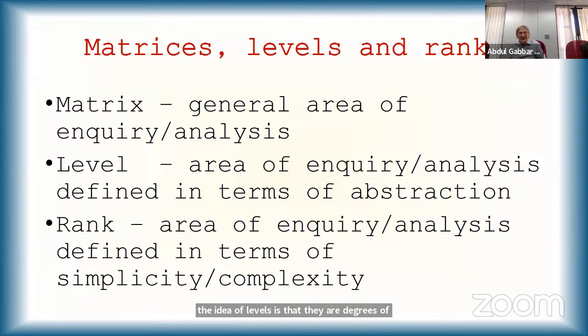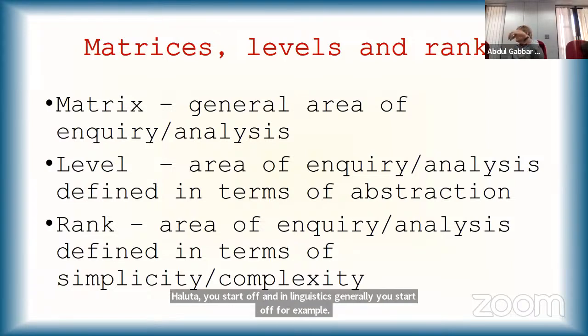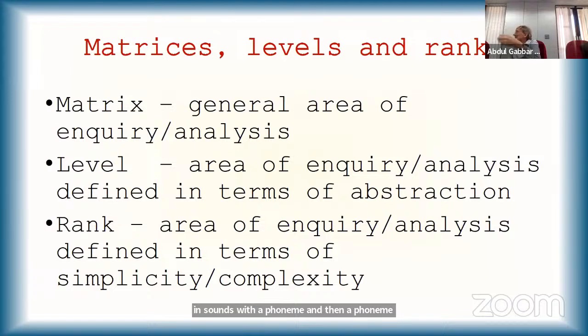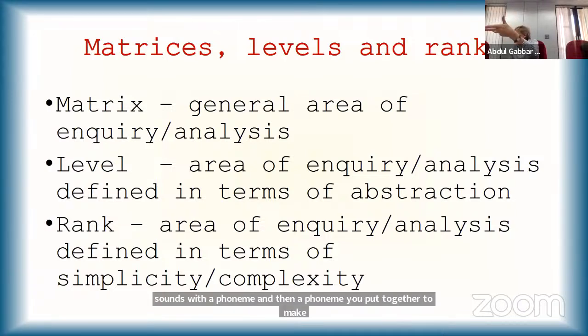The idea of a rank is that it's a degree of complexity, and I borrowed the term rank from Halliday, so anyone who's studied Halliday's model will know that in Halliday, and in linguistics generally, you start off, for example, in sounds with a phoneme, and then a phoneme you put together to make a syllable, you can put together to make a graphic word, and so on.